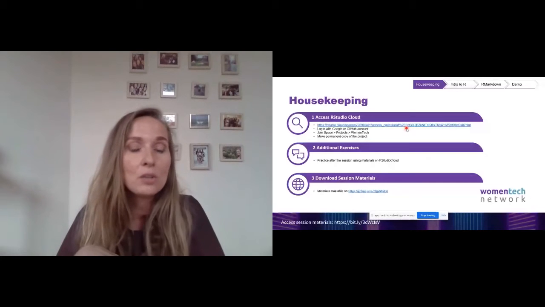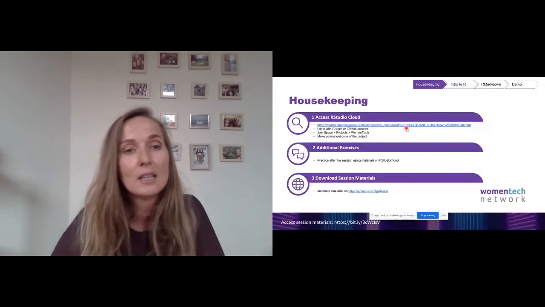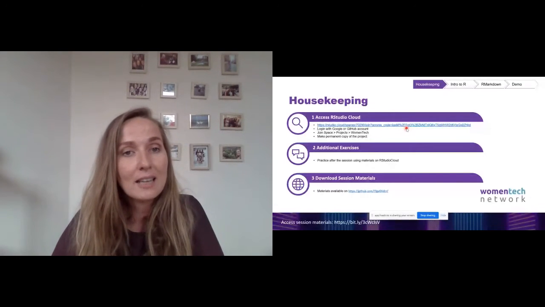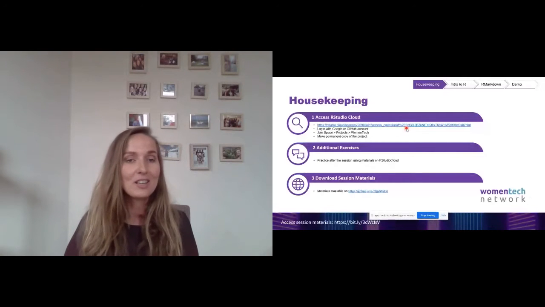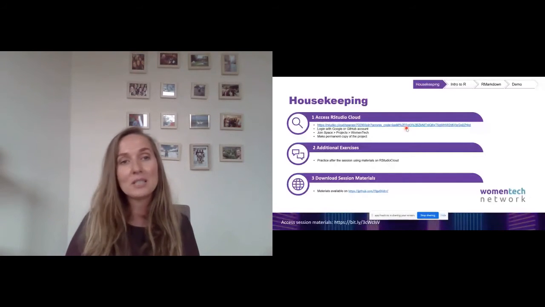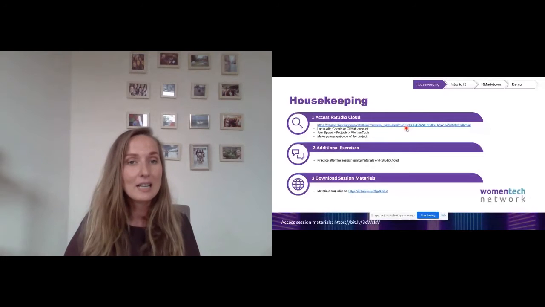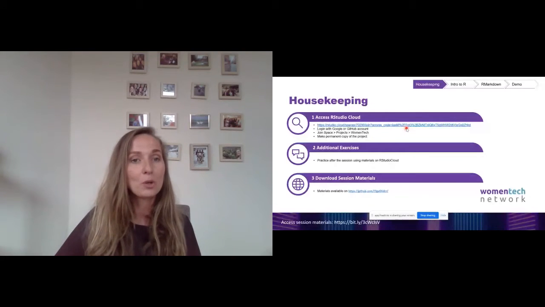Afterwards, when you're in, you need to join the space. Click on projects and select Women in Tech. There will be only one project available to you in this space. And if you want to keep it for yourself, so if you don't want to just practice, but perhaps keep the materials and all of the exercises for the future, you can also make a permanent copy of the project. The button will be at the top right corner.